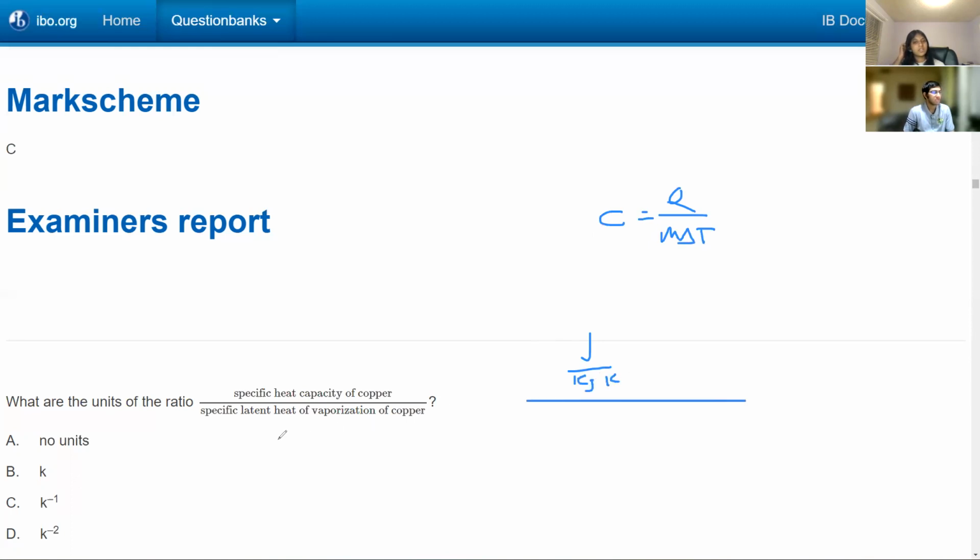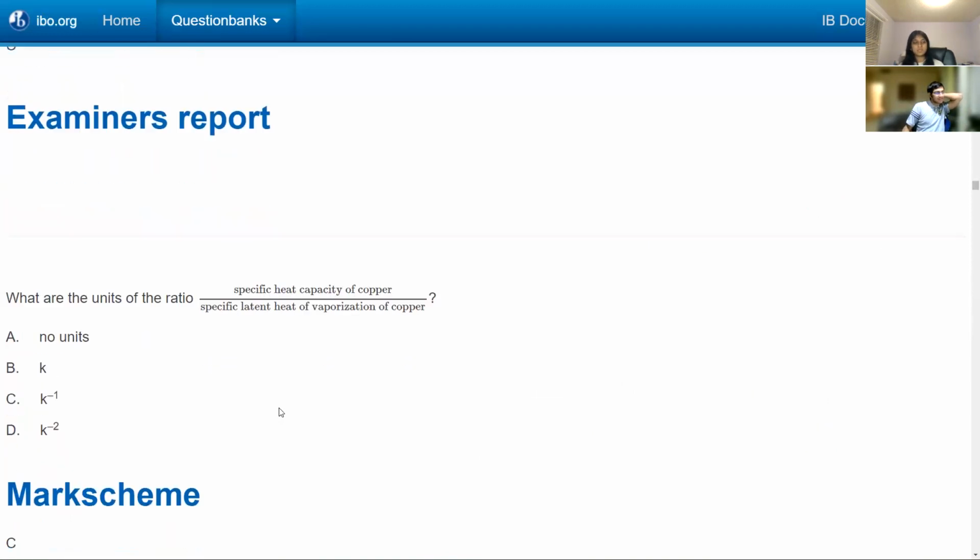Yeah. And then specific latent heat is joules over kilogram. So L equals Q over M. So joules over kilogram. We got 1 over Kelvin, which is Kelvin to the -1. Why are they lowercase? Yeah, that should be uppercase.